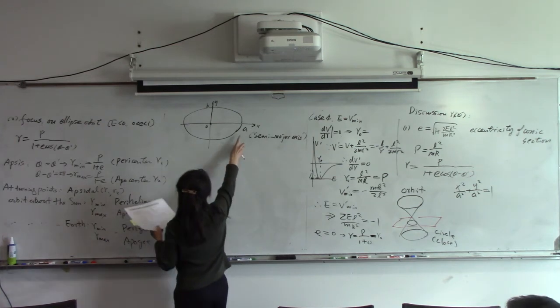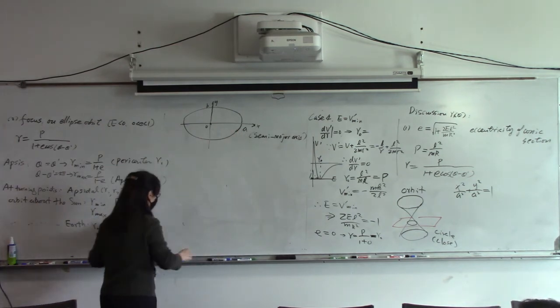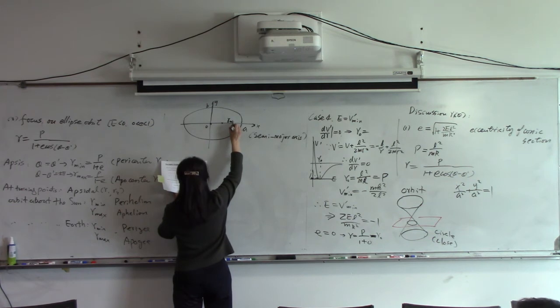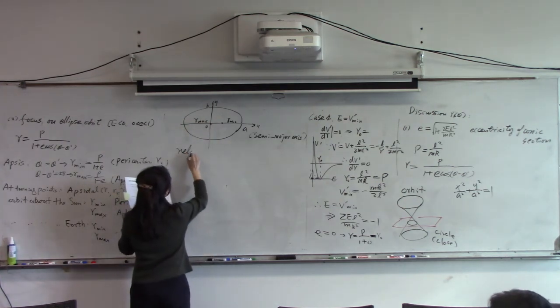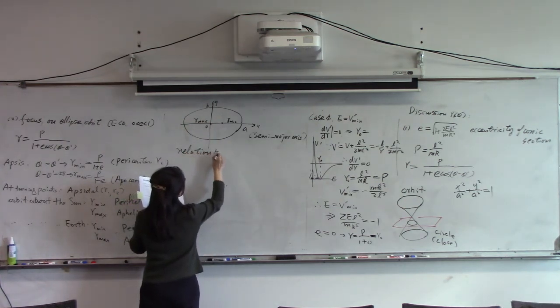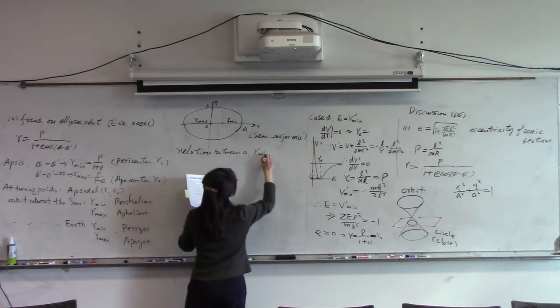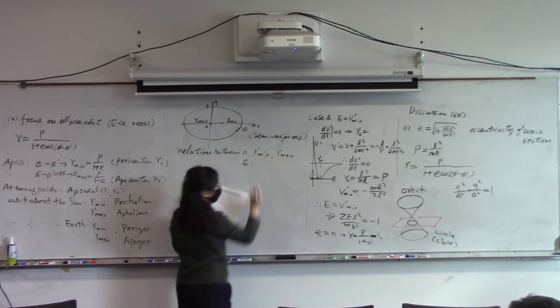Since mathematically we have these numbers A and B, we want to find the relation between A and R minimum, or R1, and R maximum. So we are going to find the relation between A, R minimum, R maximum, and also energy.